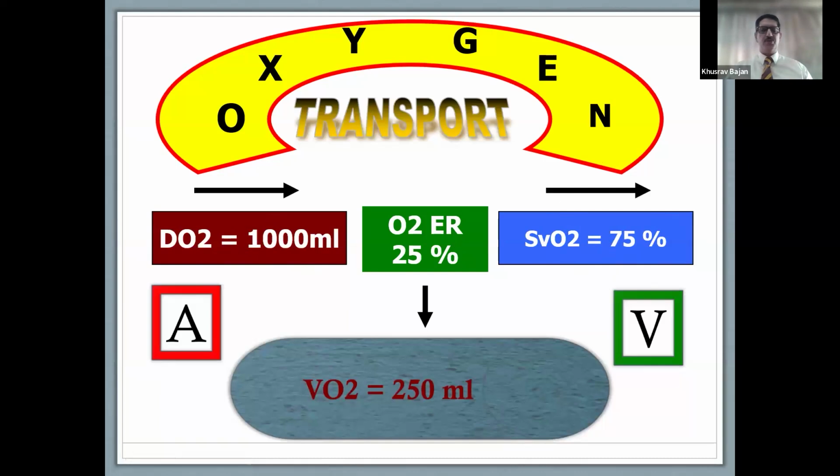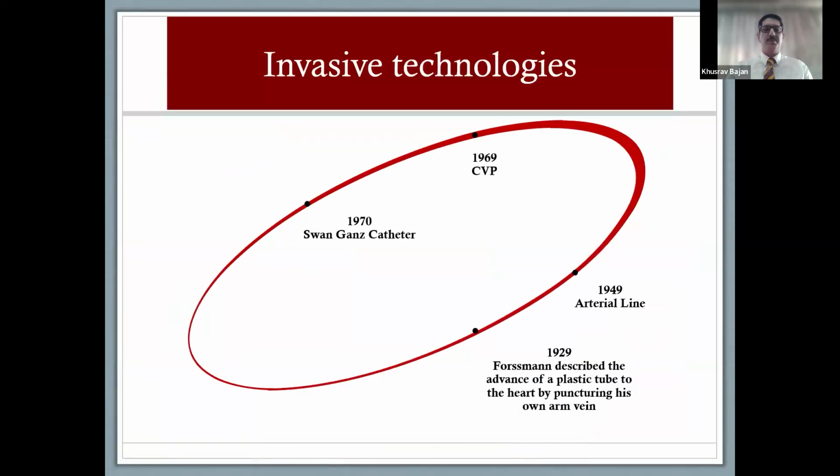Sorry if I've confused you all, but for restraint of time, I need to go a little quick on this. But if we understand how the oxygen is delivered to the tissue level, we would probably understand the hemodynamic monitoring tools. Now, the first section of monitoring is the invasive technology. Forssmann, in 1929, put a plastic tube in the heart through a puncture of his own arm vein.